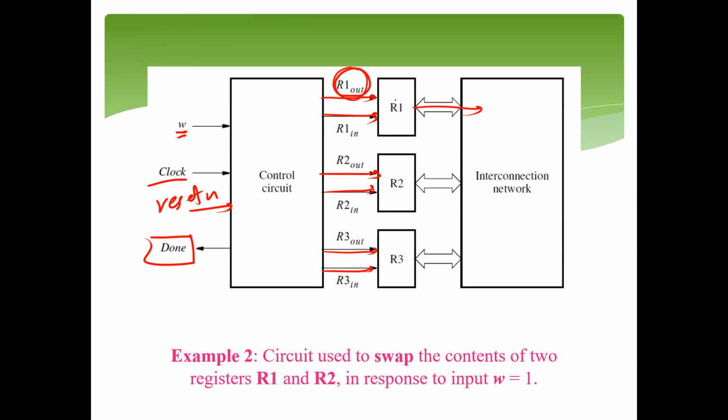So this signal will tell the register to write the value to this bus. And this signal will ask the register to write the value from the bus to the content of the register. 6 signals because I have 3 registers. So R1 out, R2 out, and R3 out, and R1 in, R2 in, and R3 in.